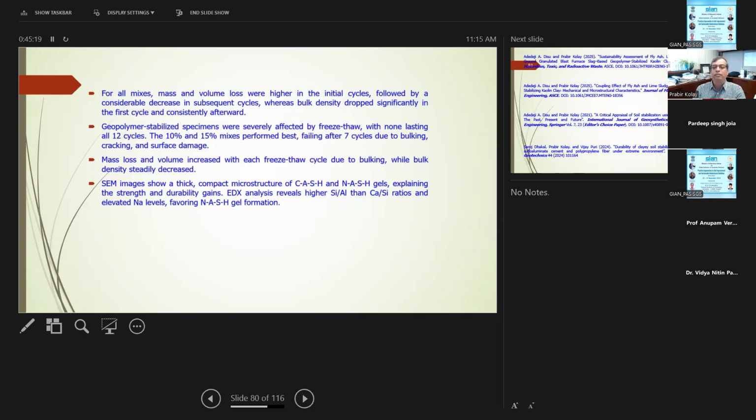So freeze thaw seems more harsh. Mass loss and volume increase with each freeze thaw cycle due to bulking, while bulk density steadily decreased. And the SEM images show a thick and compact microstructure because of the formation of calcium aluminate silicate hydrate or sodium aluminate silicate hydrate gel. That's the reason the durability is increased.